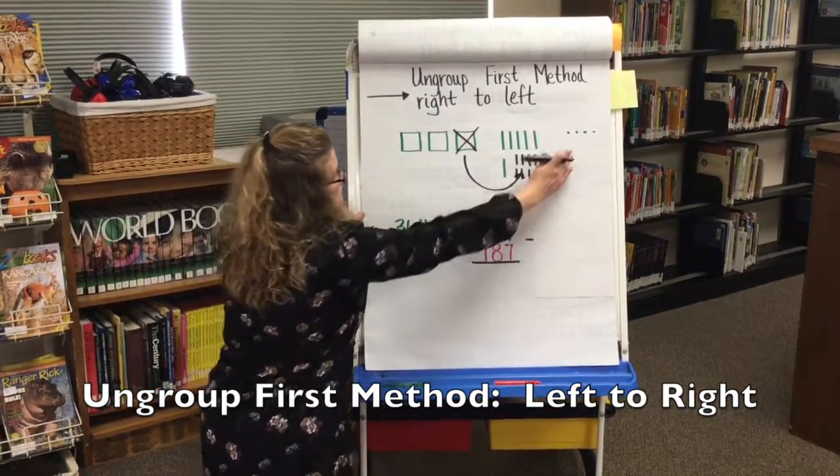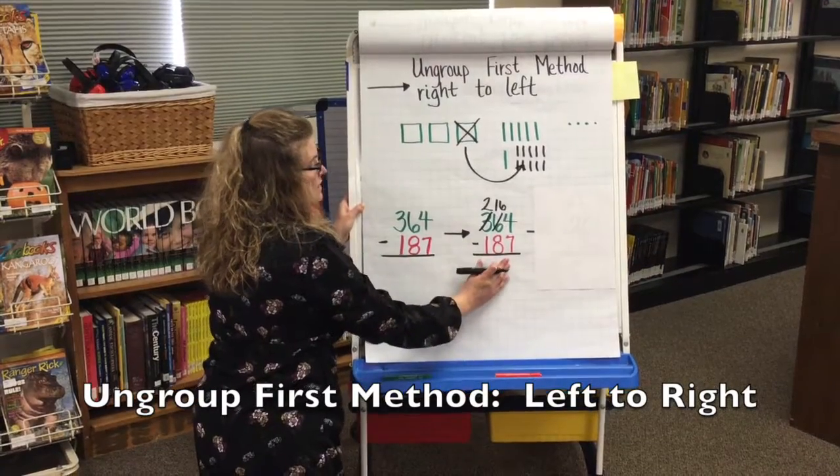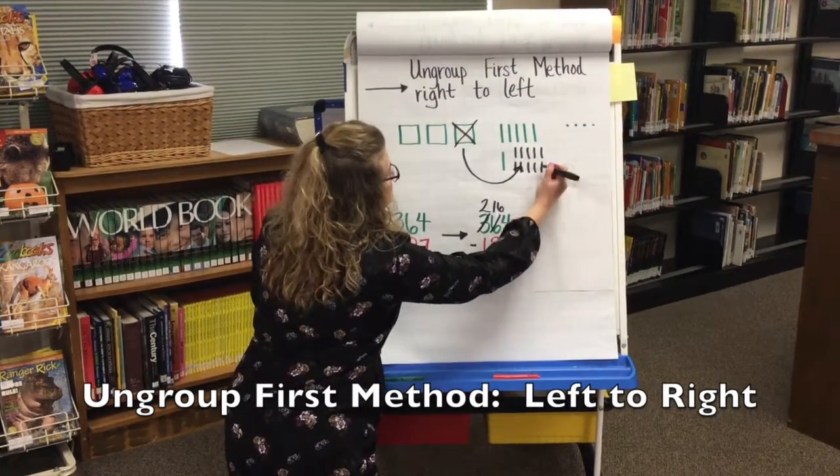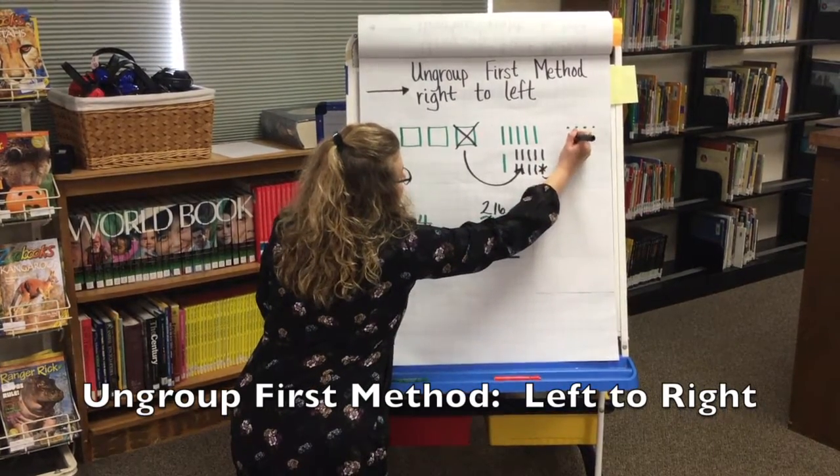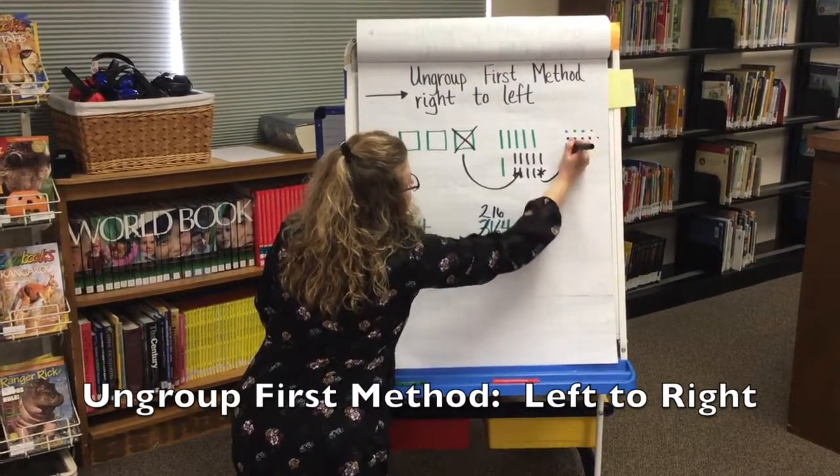I then ask myself, do I have enough ones to take 7 away? I do not. I need to ungroup a 10 for 10 ones.